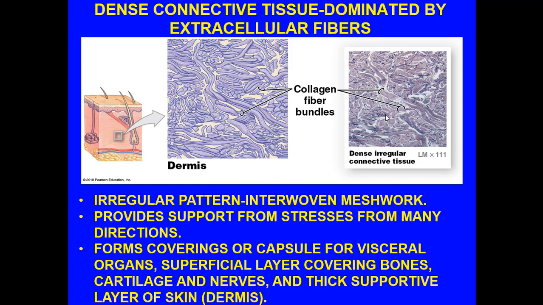This irregular pattern, the interwoven meshwork, means you can have a lot of stresses, whether push or pull in different orientations, and it will recoil back and be fine. Therefore, this type of tissue forms coverings or capsules for visceral organs, a superficial layer covering bones, cartilage and nerves, and a thick supportive layer of the skin that we call the dermis.